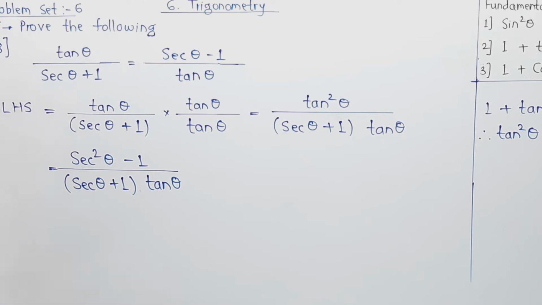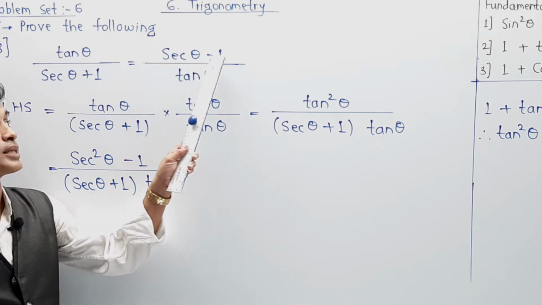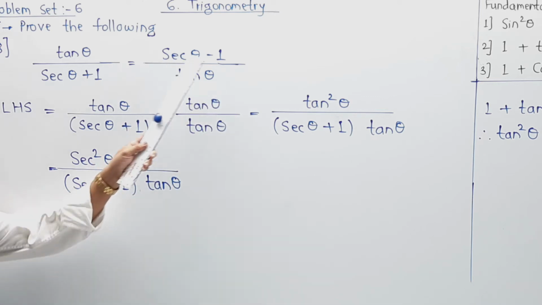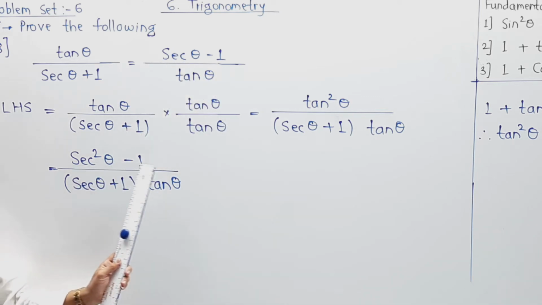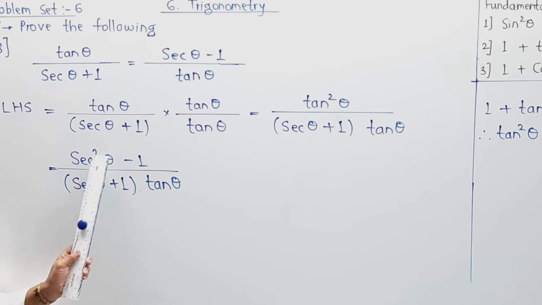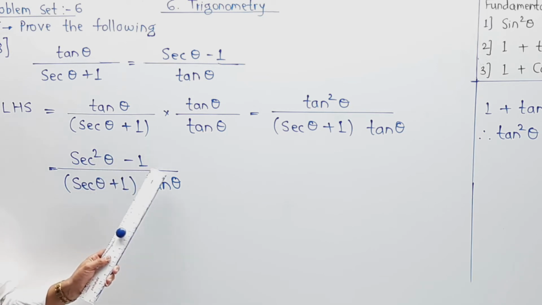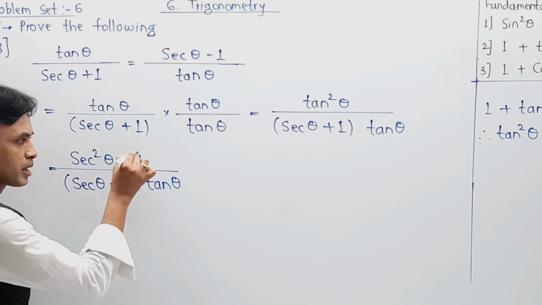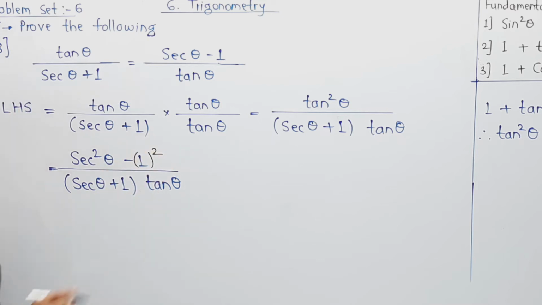Now what is the next step? In my numerator I need sec theta minus 1, and I can get sec theta minus 1 only by factorization of this. Remember, here it is sec square theta minus 1. 1 itself is a square of 1, so I am going to make a slant modification, writing 1 as 1 square, and that is the main trick of this numerical.